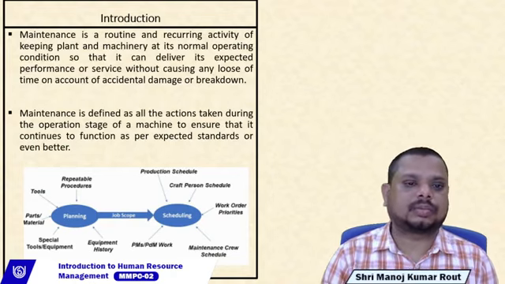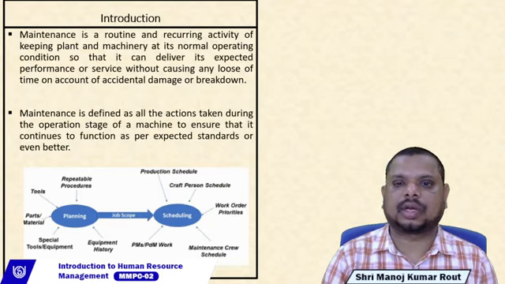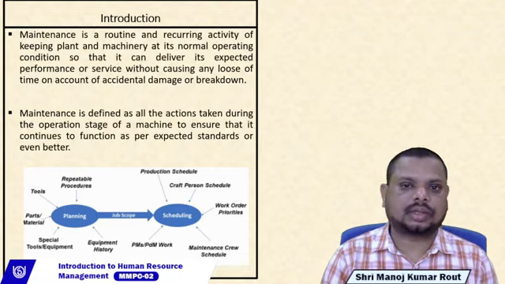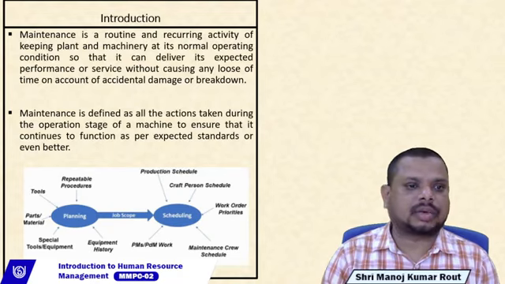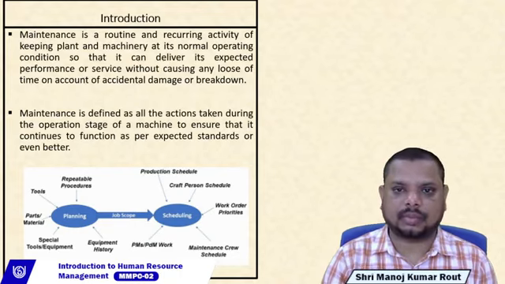If you maintain these normal operating conditions, the machine can deliver the expected performance or service without causing any loss of time, accidental damage or breakdowns. That is why the maintenance department is responsible for conducting various maintenance related activities, so that any damage or accident can be easily avoided.